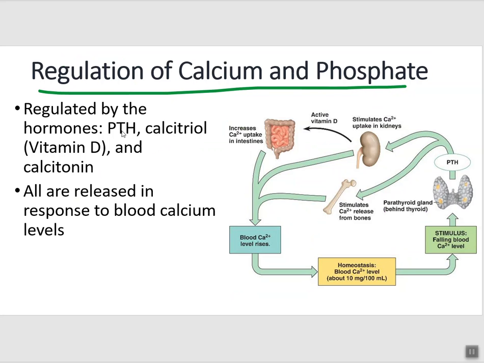Calcium and phosphate, PTH. Generally, what happens is if we reabsorb calcium from the kidney tubules, we throw phosphate in its place. It's kind of like the sodium potassium thing, only these guys have opposite charges.